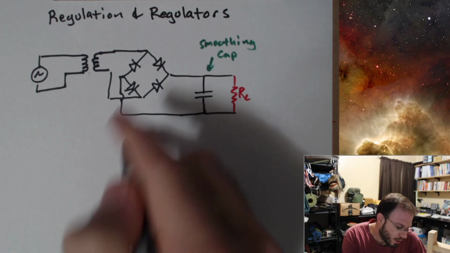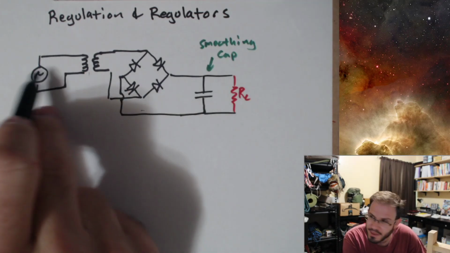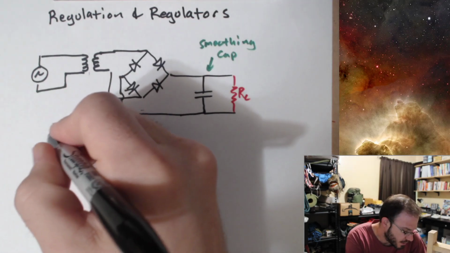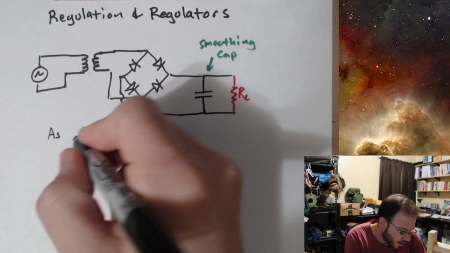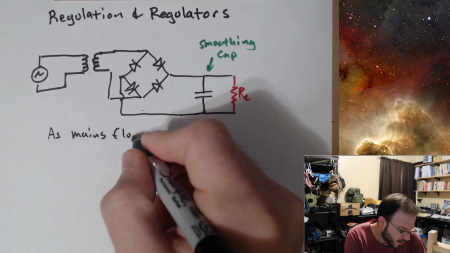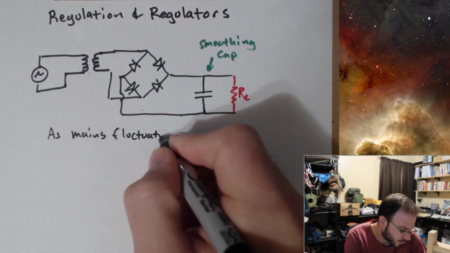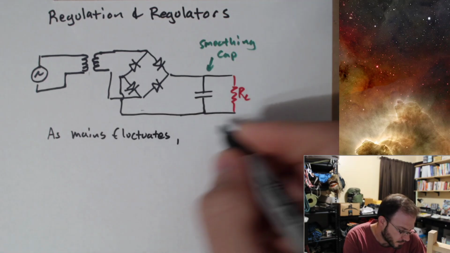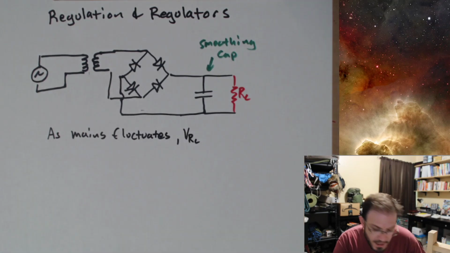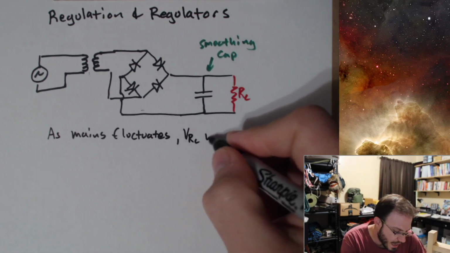So we're at the mercy of everything that happens here. And so as mains fluctuates, V sub RL will go up and down.